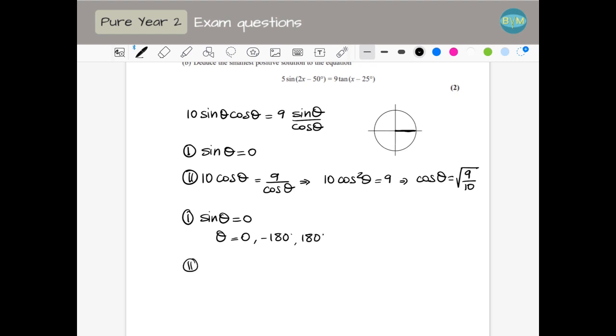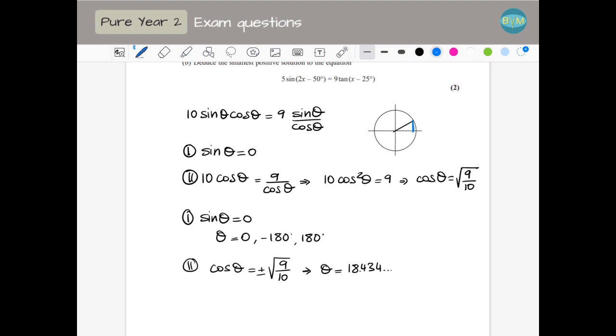Then for the second part, I have that cos theta is plus and minus. Don't forget, when I have a root, I can have a positive and a negative answer. So then I have that theta is 18.434. That's the answer with the calculator when I have the positive one. If I think about this angle, I need another angle with the same sign.